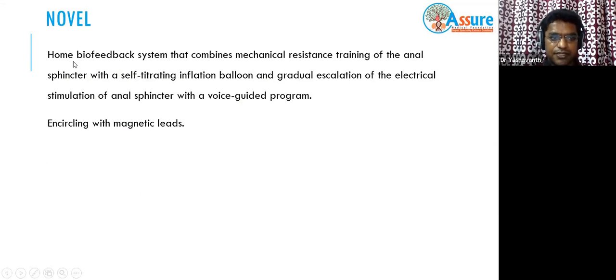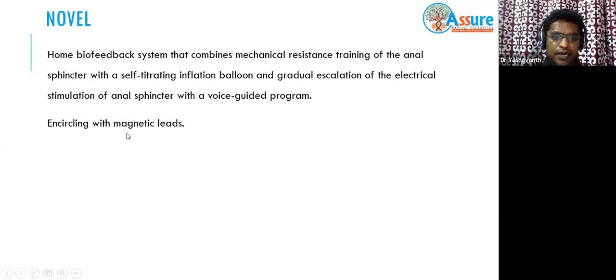So in the 11th edition, there is a home biofeedback system which is mentioned, like a mechanical resistance training of the anal sphincter with a self-titrating inflation balloon and gradual escalation. This we don't have much idea, but it is mentioned. You should have an idea.